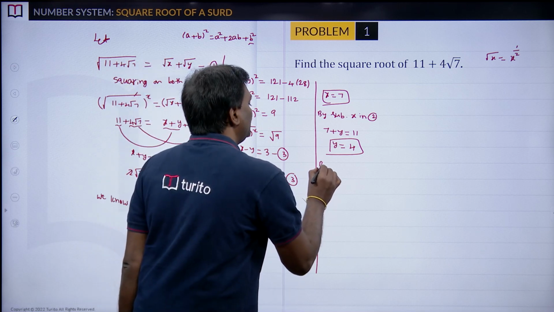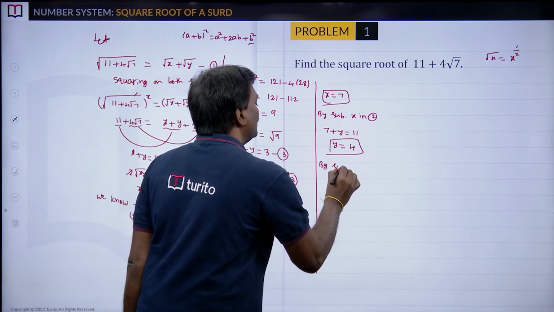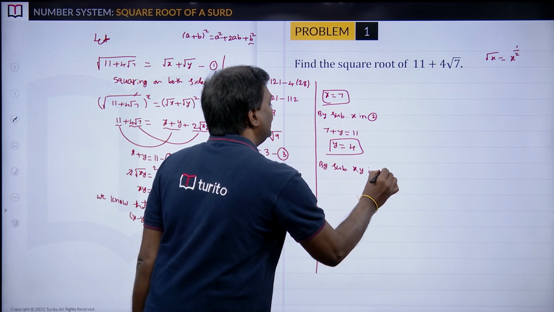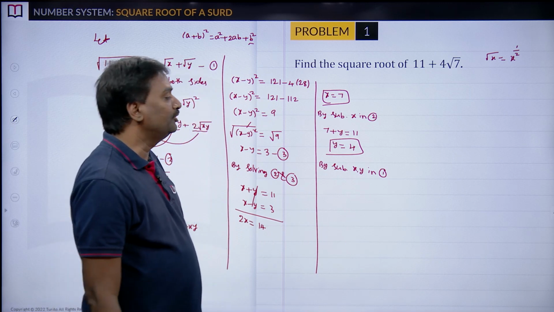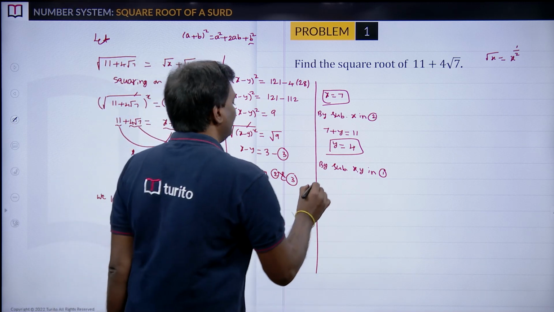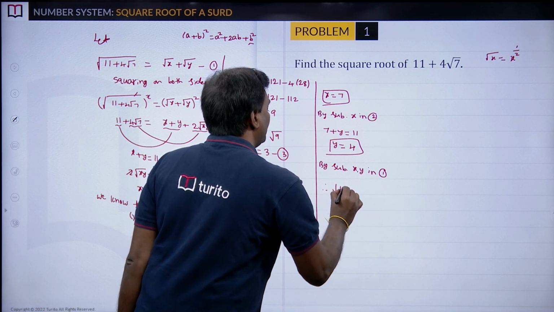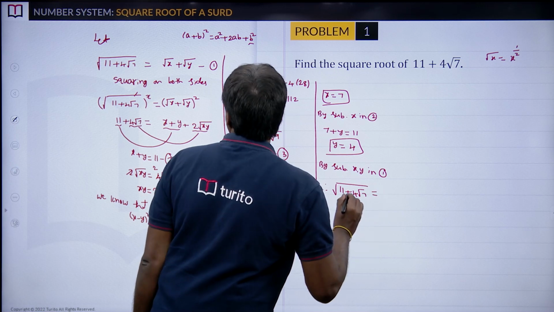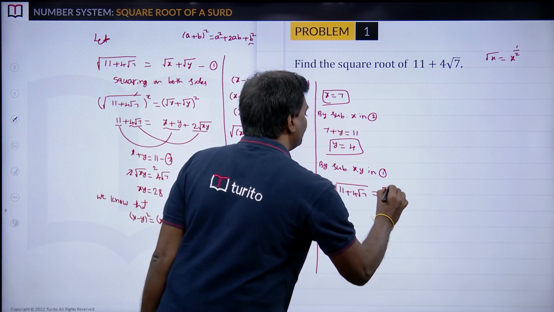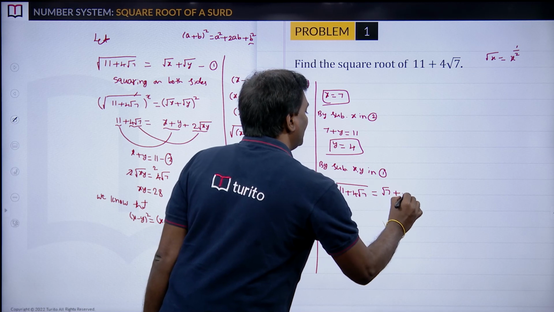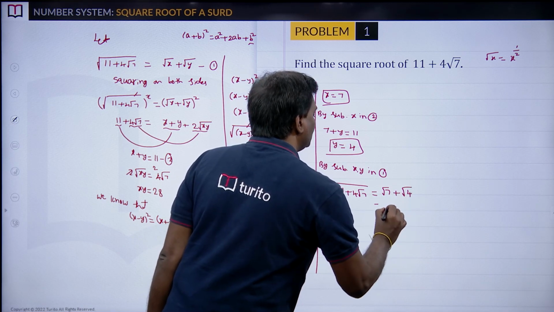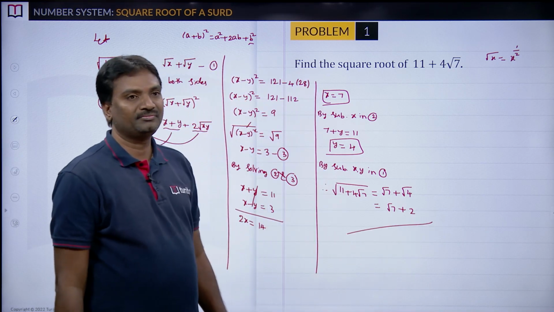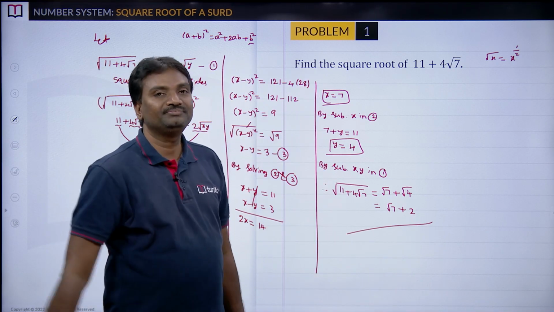So in place of x by writing root 7, in place of y by writing root 4, so that equal to root 7 plus 2, as we know root 4 equals 2. So this is the square root of the given number.